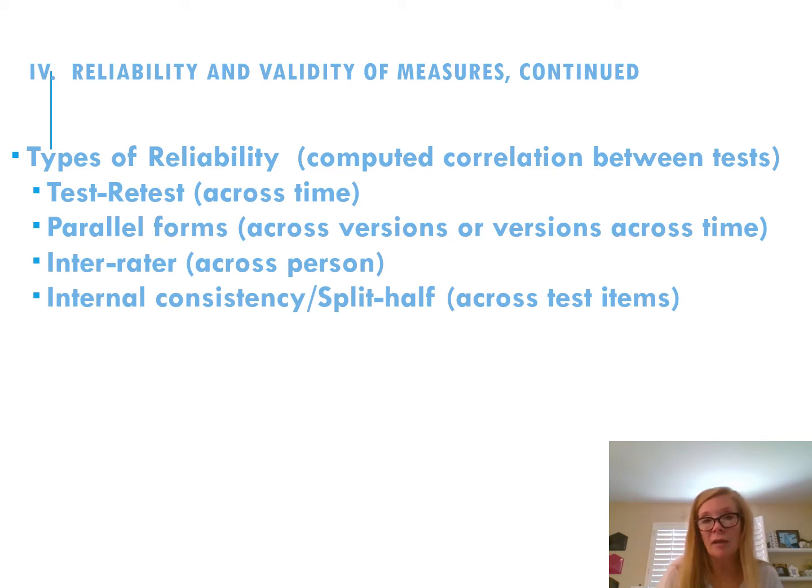Parallel forms reliability is when you're testing different versions of a test, and you can even do different versions over time. I'll give you an example of parallel forms reliability, and it occurred when I first started working at MCC, when in order to stop students from looking on one another's papers in her large 101 class, another faculty told me that she had created 2 different versions of her 101 test.